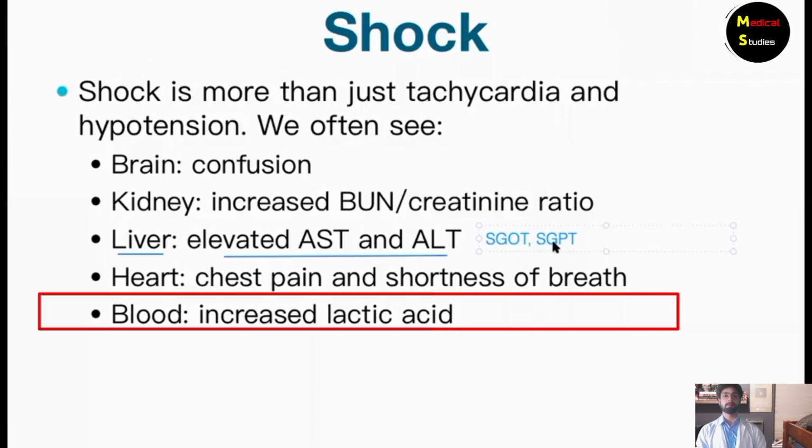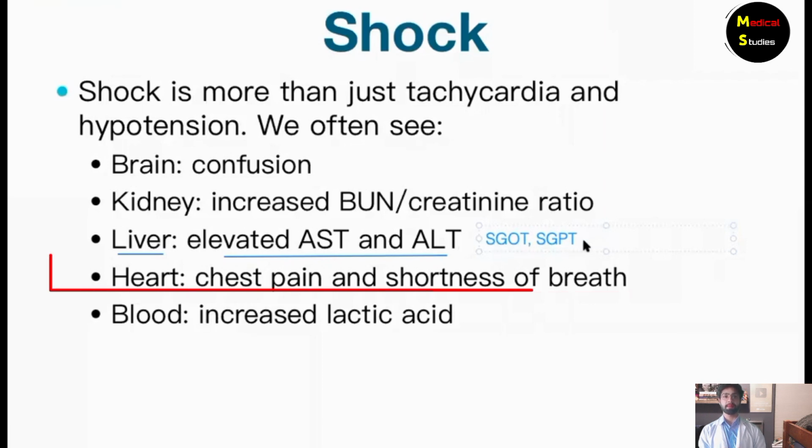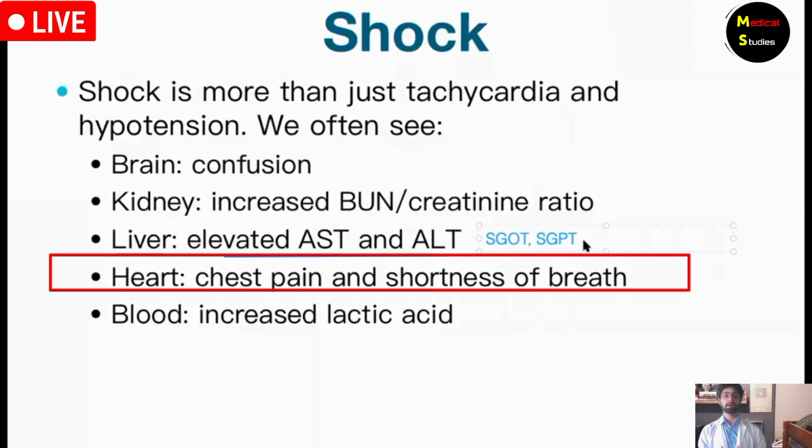So this is decreased tissue perfusion. Whenever there is decreased tissue perfusion, there is surely a decrease of oxygen, and this decrease of oxygen leads to anaerobic metabolism.